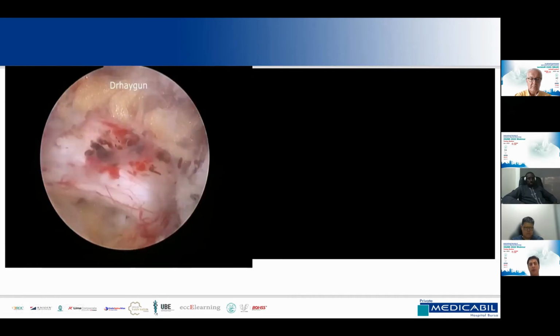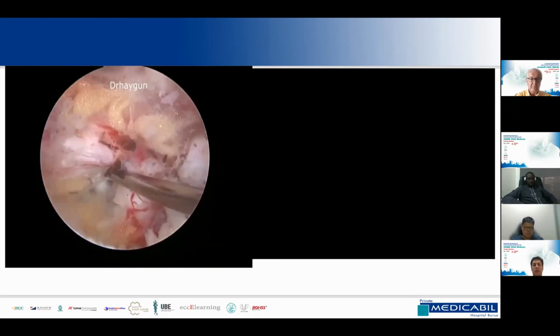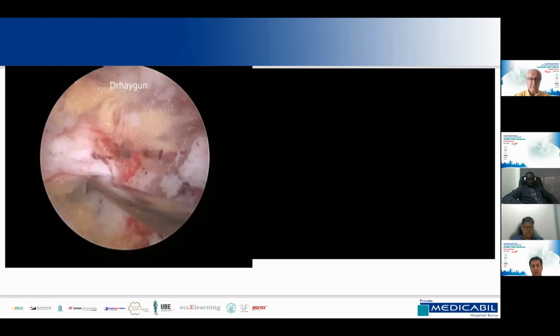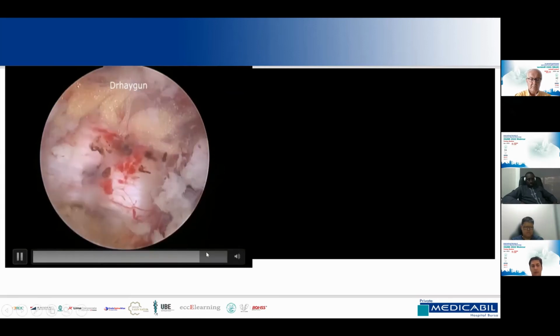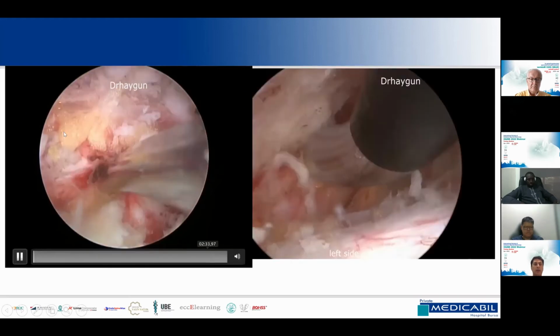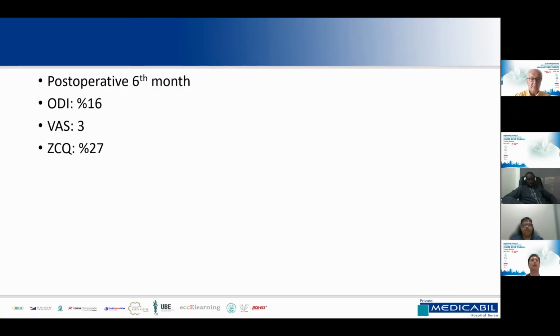If you left it, you cannot get good results. And here is the postoperative result. And postoperatively, we've seen a very good result.